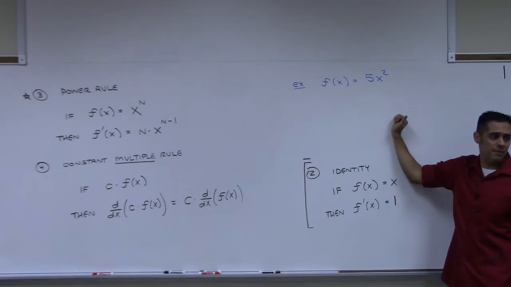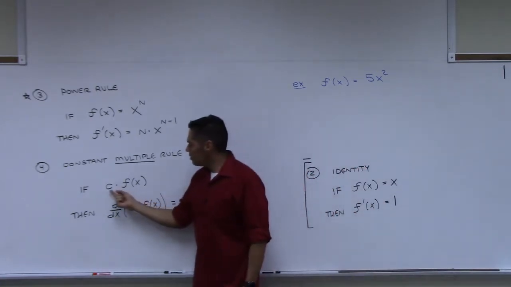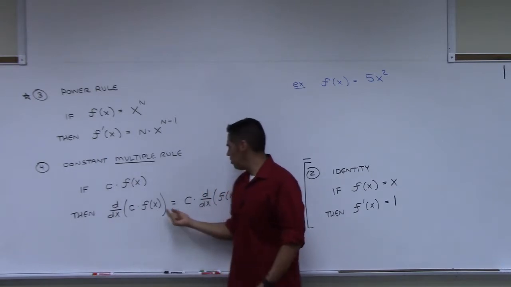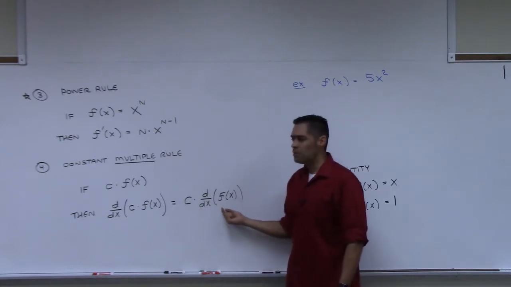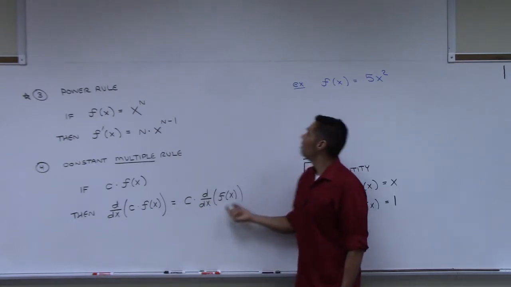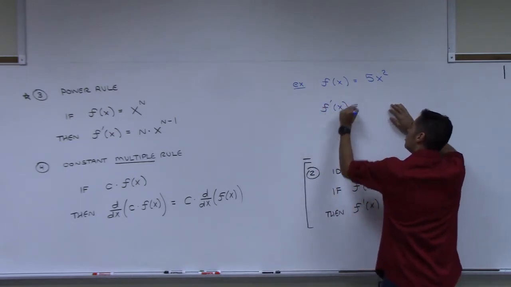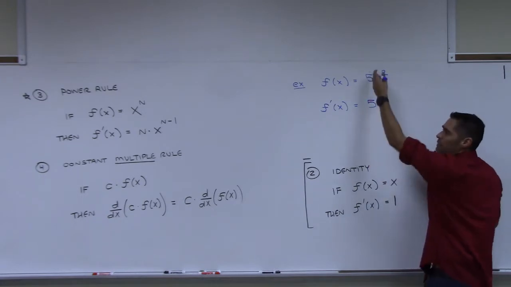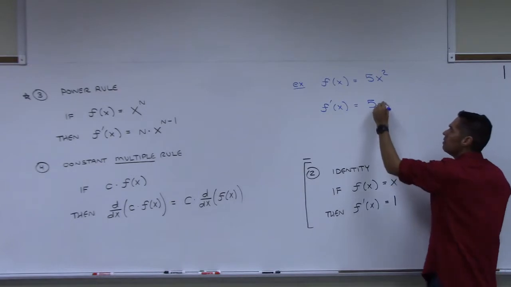It's a constant times a function. This rule says that if you want to take the derivative of a constant times a function, you just don't touch the constant. Leave the constant alone and take the derivative of the function. So what I'm going to do is bring the 5 down. I'm not going to touch it. I like to say that 5 is just going to come along for the ride. It's just going to come with us, not touching it.